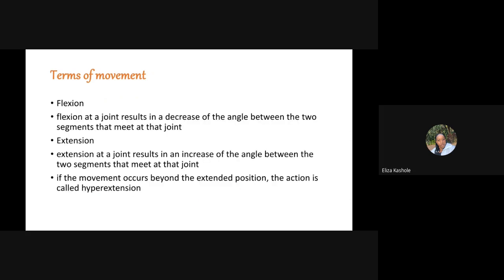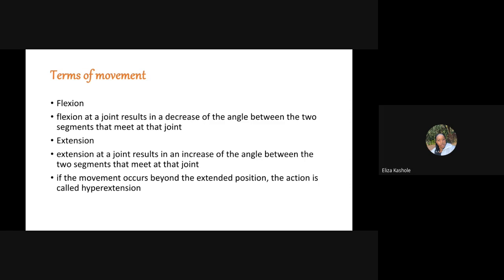The key words are: you must have a joint and two things meeting there, and the angle between them is decreasing.